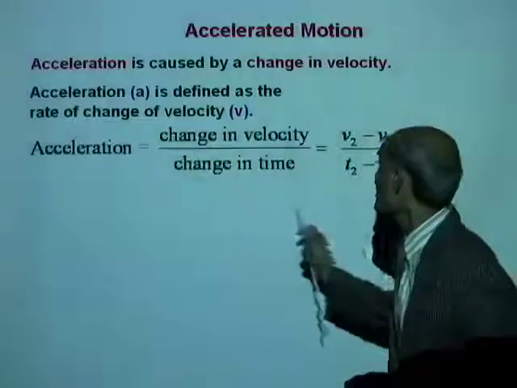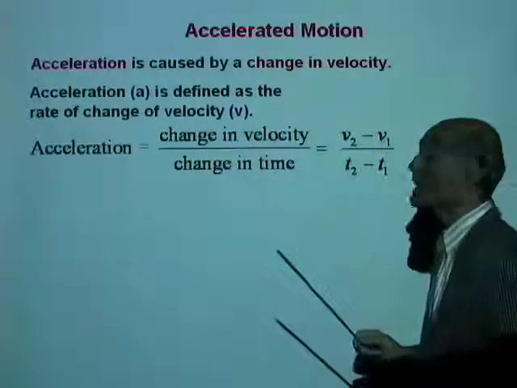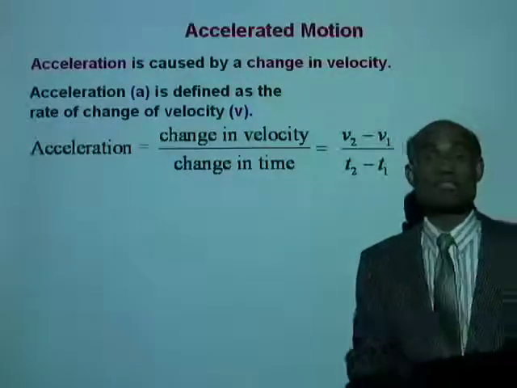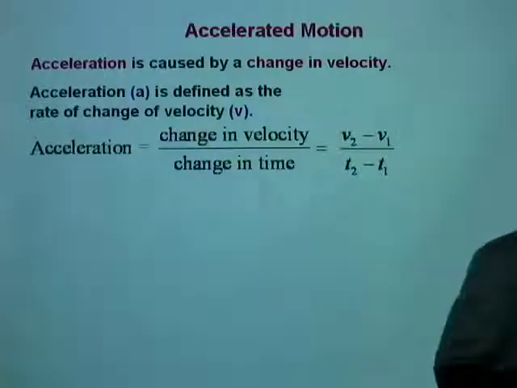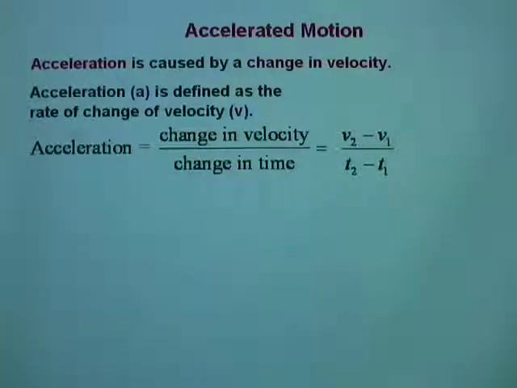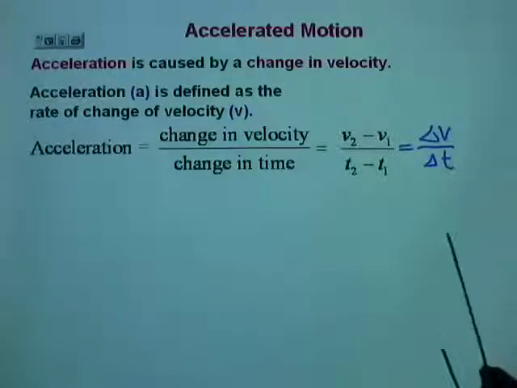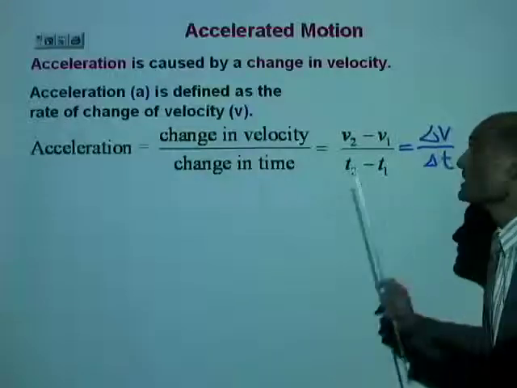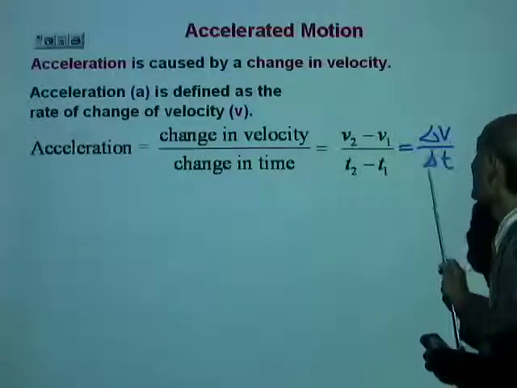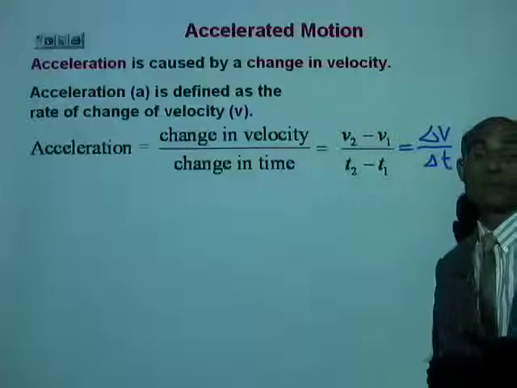Then acceleration is v2 minus v1 divided by t2 minus t1, and we can write it like this. v2 minus v1, I can write as delta v, and t2 minus t1 is delta t. So acceleration is delta v divided by delta t, the change in velocity divided by the time.